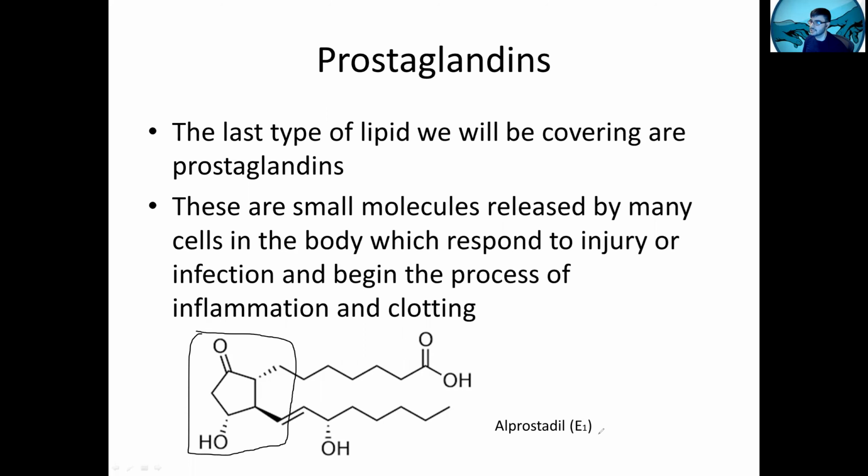I don't believe you really have to know the inflammation process in depth, but anti-inflammatories, when you take a non-steroidal anti-inflammatory drug like Motrin or ibuprofen, usually target the production and process of prostaglandins. This is what starts the whole inflammation and clotting process when you get injured or sick.